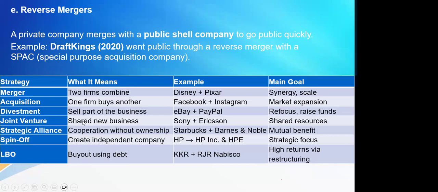Right. Next one, joint venture, sharing new businesses and shared resources. Actually, a joint venture is most of the time created to complete big projects, where you need different capacities.